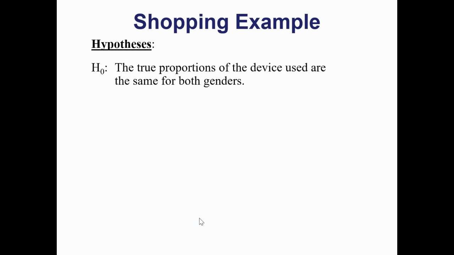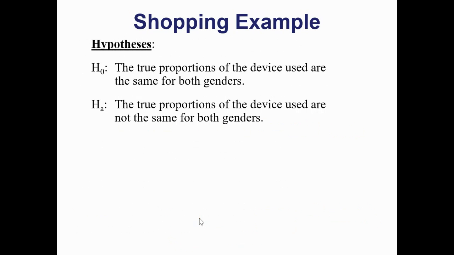So let's write our hypotheses. The null is that the true proportions are the same for both genders. Well, the alternative is that they are not the same for both genders.